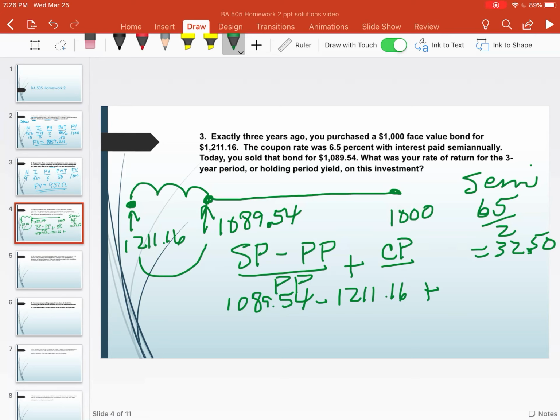basically semi-annual, so we have 3 years of coupon payments. So 65 divided by 2 is equal to $32.50 times 6, if you will. And that's going to give you 195.